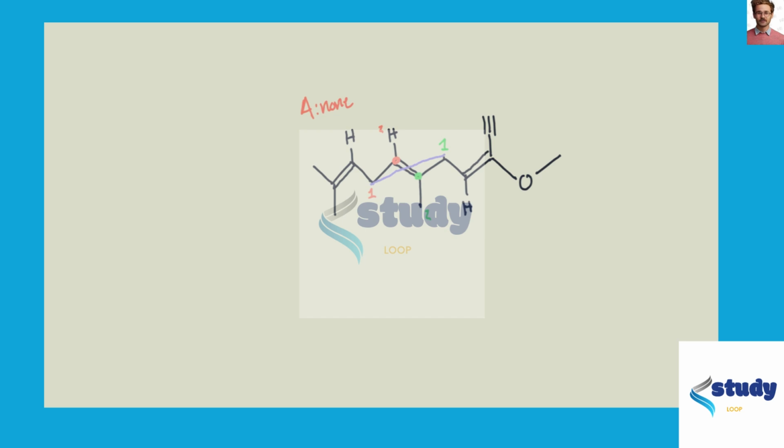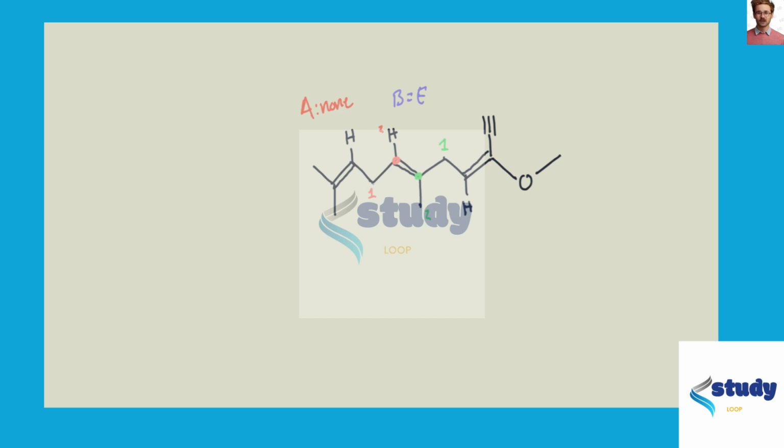And if you cross over the double bond when you do this, then we consider this to be trans, or in terms of E and Z, this is E, for entgegen, German for opposite, because the groups are on opposite sides of the double bond. So B is E stereochemistry.